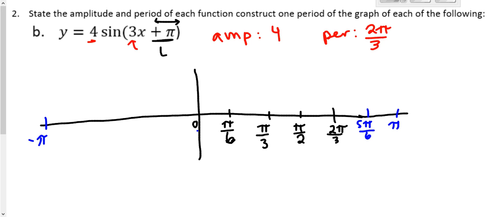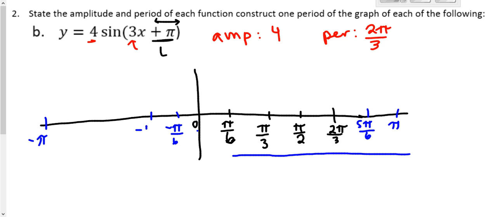The dot that will usually be at pi over 6 will now also move back pi, so it won't be quite at negative pi. So if we were going to take these increments over here and align them on the other side, this would be negative pi over 6 because it's a mirror image.